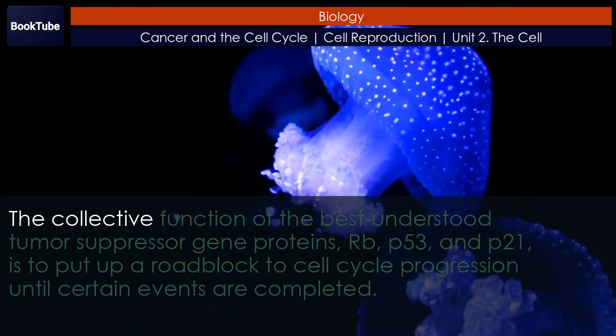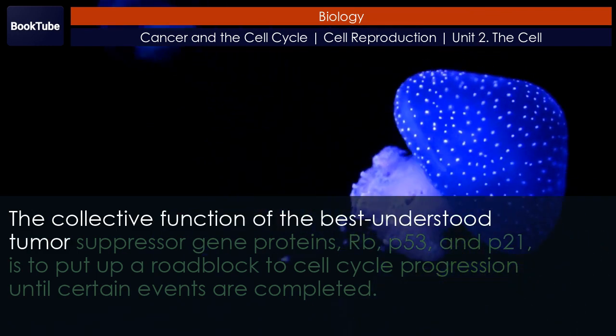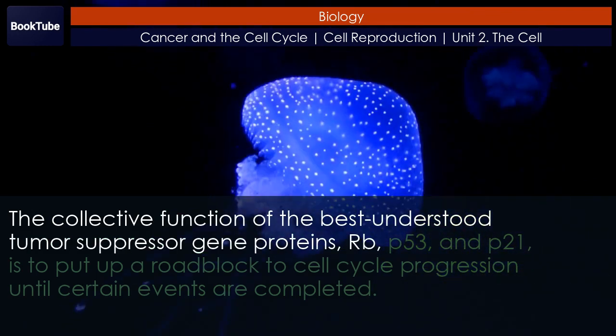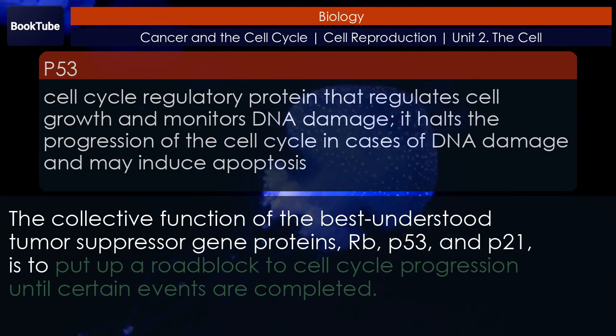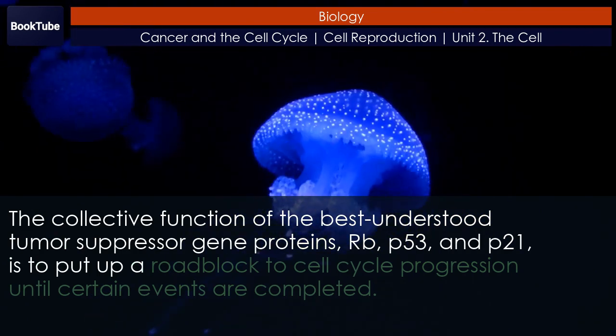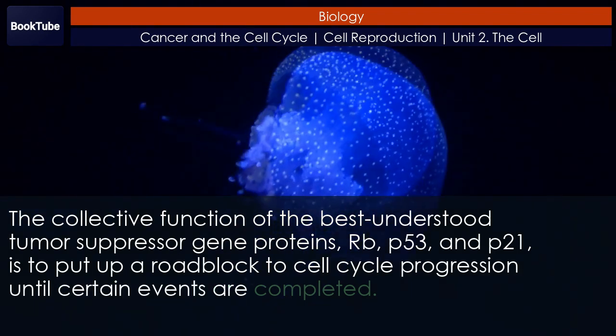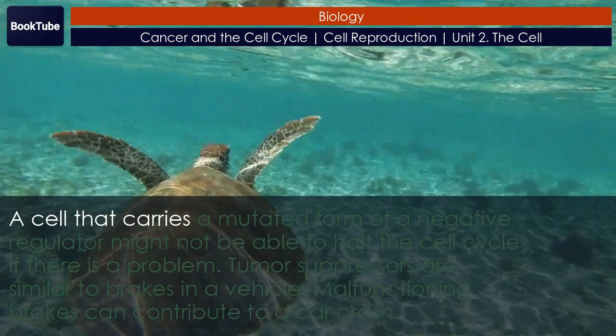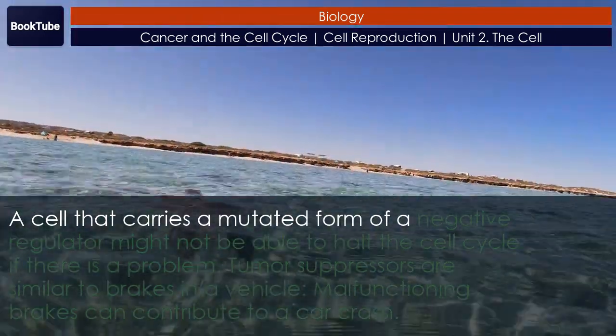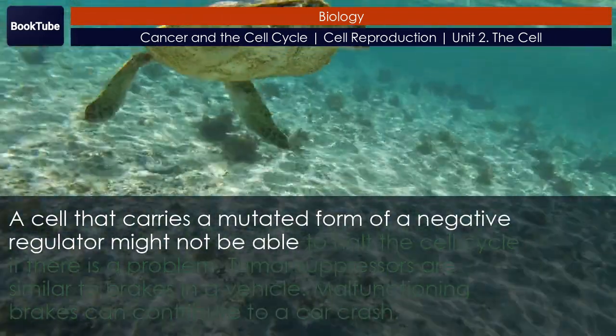The collective function of the best understood tumor suppressor gene proteins, RB, p53, and p21, is to put up a roadblock to cell cycle progression until certain events are completed. A cell that carries a mutated form of a negative regulator might not be able to halt the cell cycle.